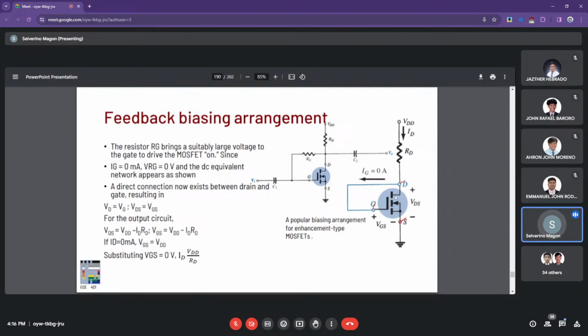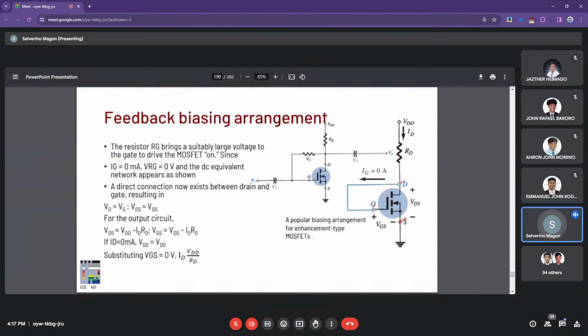However, by definition, we have zero gate current here, no? So for VGS, we did not perform another loop analysis for this. When IG is equal to zero, VRG is equal to zero as well, no? So we do not perform analysis in this network.